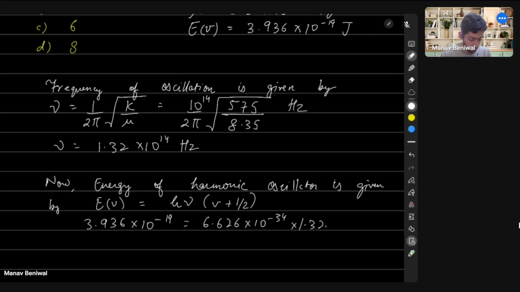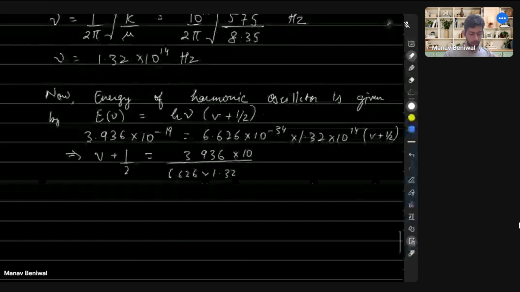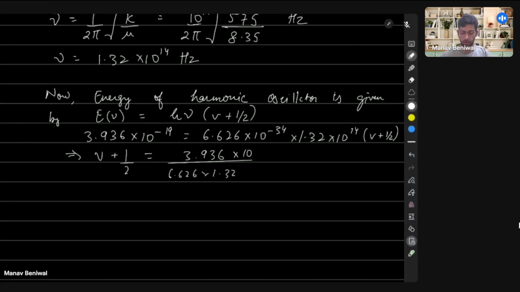This implies V plus half is equal to 3.936 divided by 6.626 multiplied by 1.32, and this is minus 34 minus 14, so this is minus 20, and here it will become plus 20, so just multiply by a 10 here. Let me pull out my calculator again.